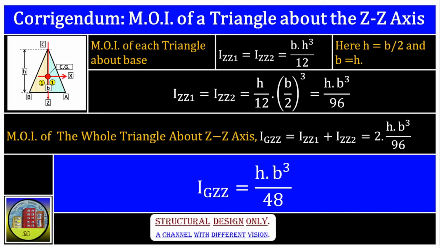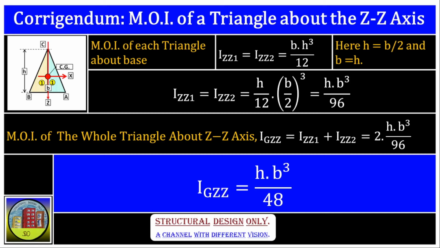For a symmetrical triangle, h equals to b by 2, by substituting this value. I base equals to h into b by 2 whole cube by 12 equals to h into b cubed by 96. The moment of inertia of the entire triangle about the ZZ axis, IGZZ, is twice the moment of inertia of one half.